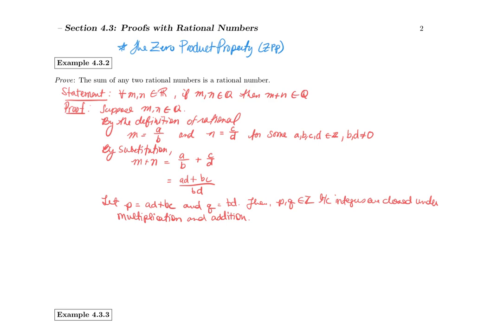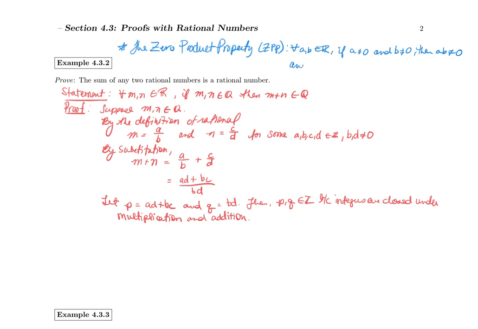So the zero product property says that for all A and B in the set of real numbers, if A is not 0 and B is not 0, then A times B is also not equal to 0.